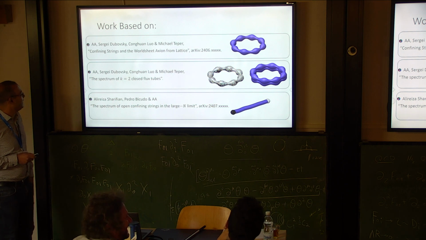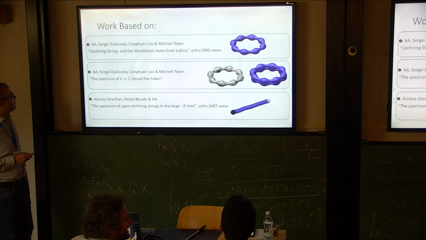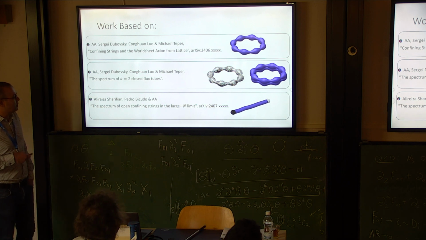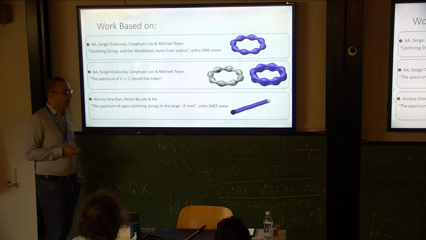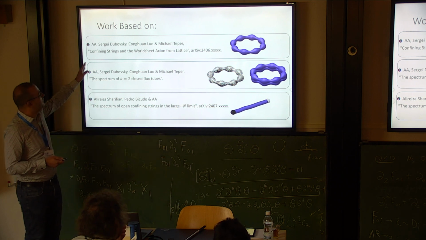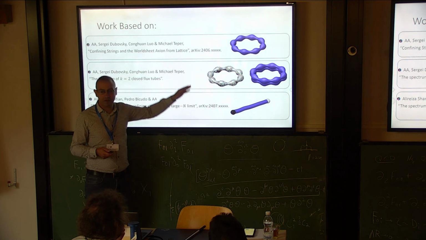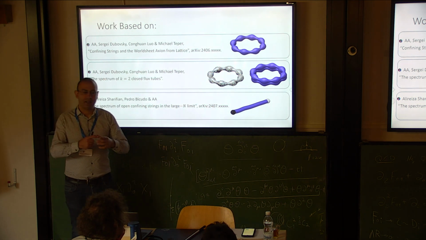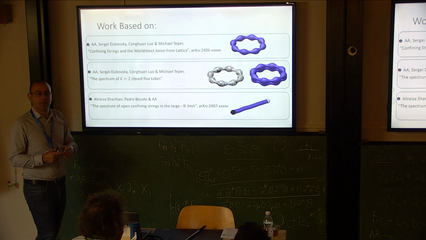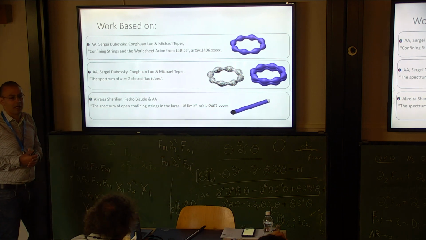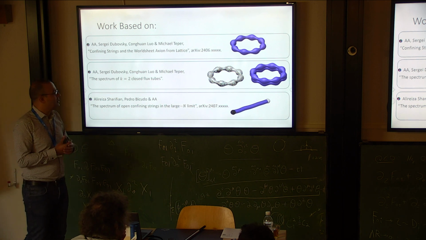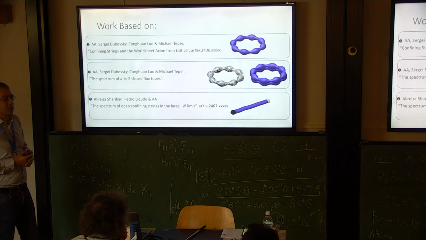The next one is the spectrum of k equals 2 closed flux tubes. So just to give a very brief idea, what we have studied so far is fluxes that emanate from the fundamental representation of color, but we can also construct fluxes where the color emanates from higher representations than the fundamental.